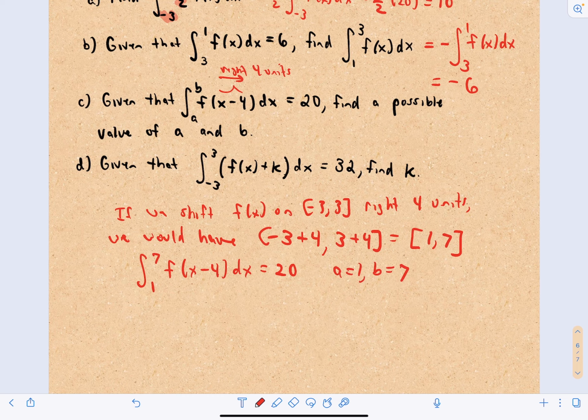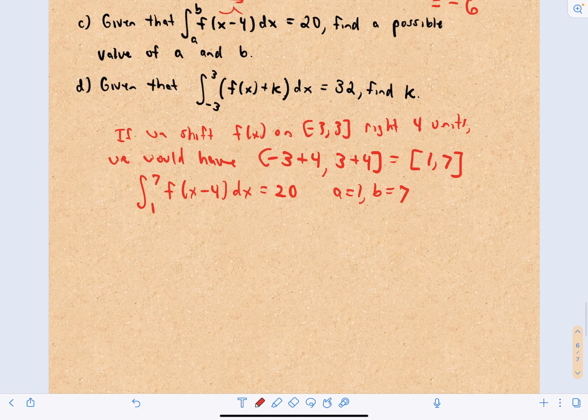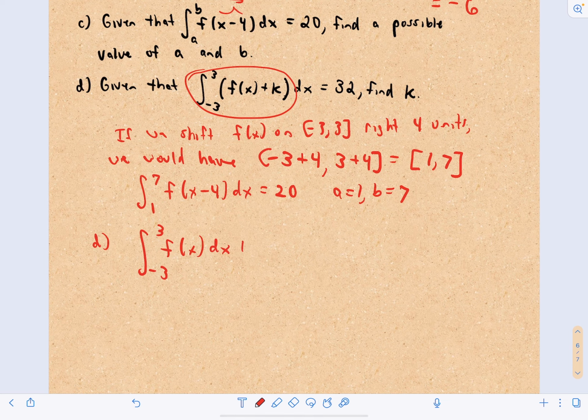Part D, given that the integral from -3 to 3 of f of x plus k dx equals 32, we want to find k. So in part D, I can break this up into two separate integrals. So we've got the integral from -3 to 3 of f of x dx plus the integral from -3 to 3 of k dx. We know that's going to equal 32.